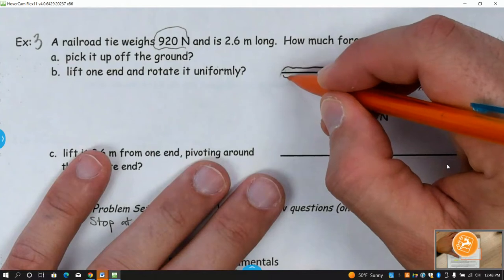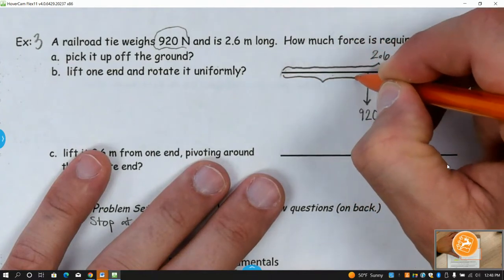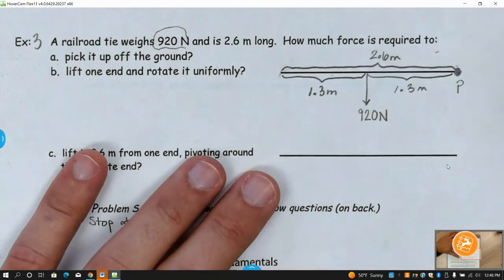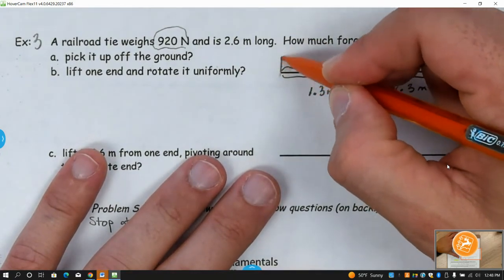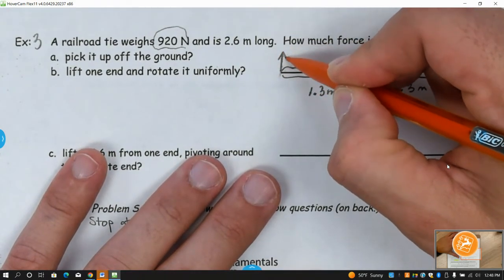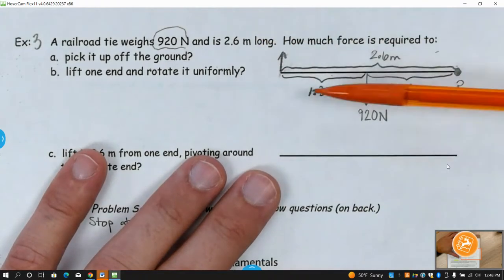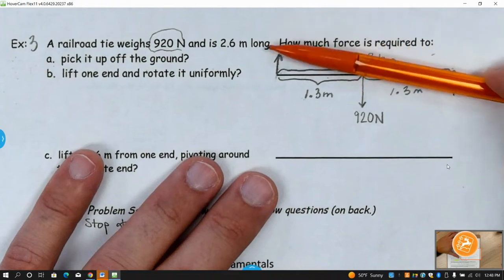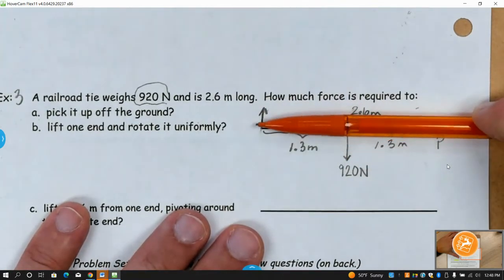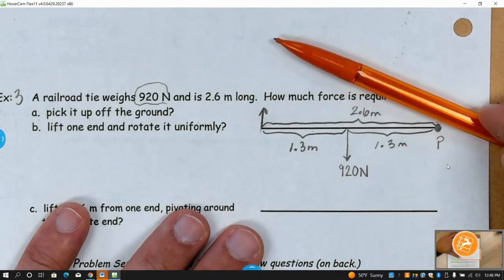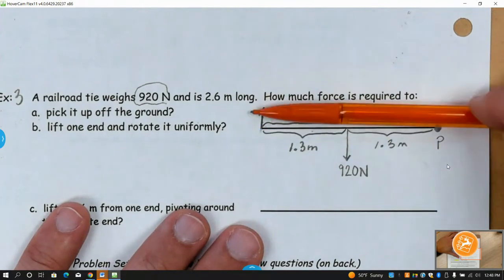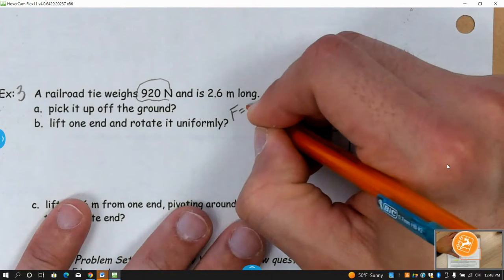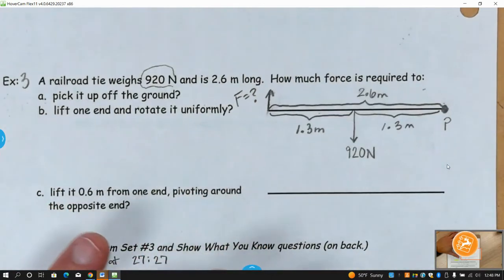Now, you don't necessarily need to draw this one in over here, but I'm just doing it anyway. And they said, okay, how much force are you going to need to lift this railroad tie on its axis, on its pivot point, lift up and rotate this thing uniformly so that it's not super accelerating one way or the other? So we are looking for this F, this force.